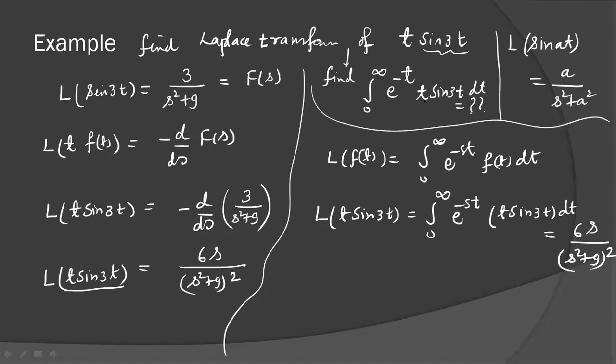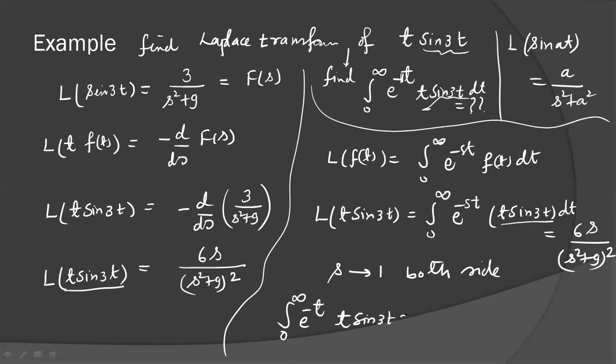Now you see the question. T sine 3t you want in the integration also, but here you want e to the minus t only, but you have e to the power minus st. You just replace s by 1 on both sides, you will get the required value of the integration, e to the power minus t t sine 3t dt, will be 6 over 1 plus 9, means 10 whole square.